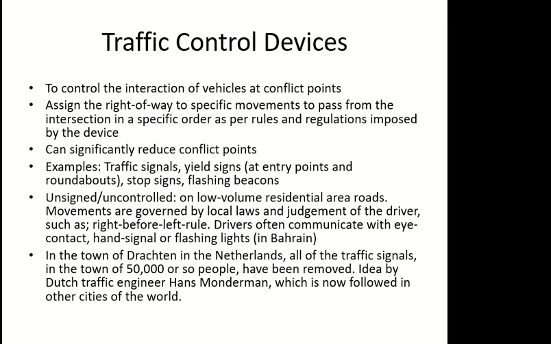This town, Drachten, is a town of low population, 50,000 people, low by the standards of the world. This particular traffic engineer, Hans Monderman, came up with the idea: why don't we remove the signals for this small town, and then see the effects.